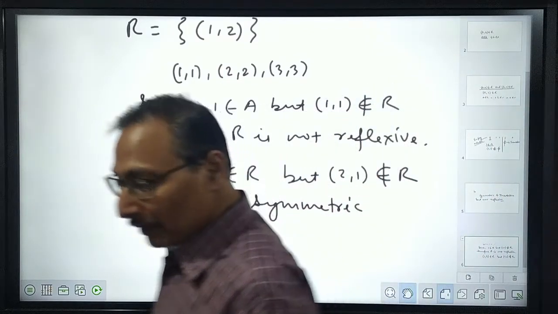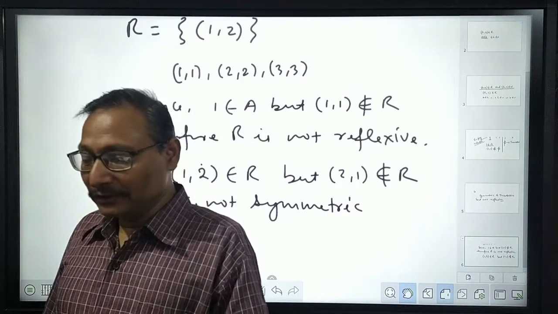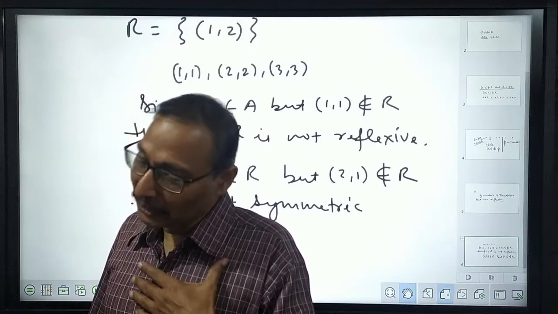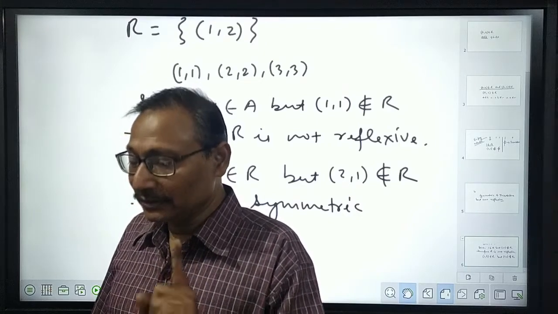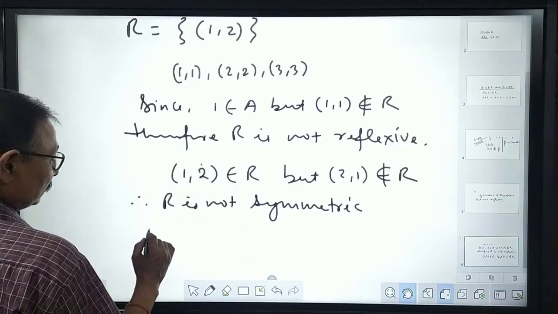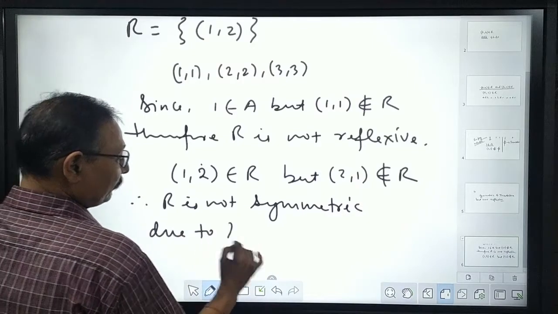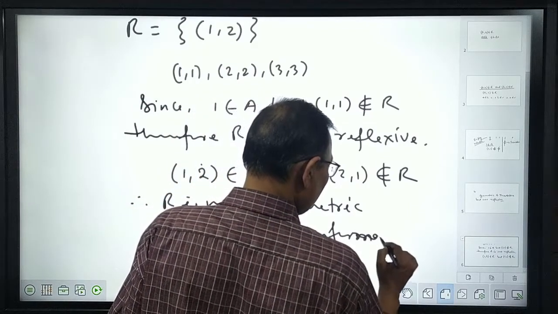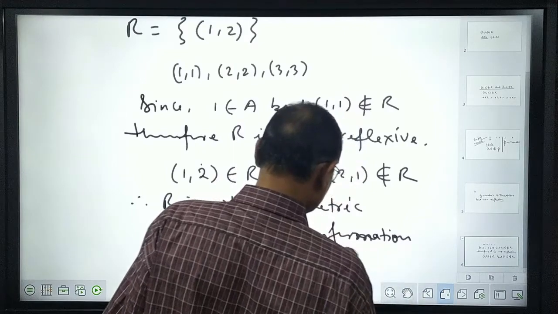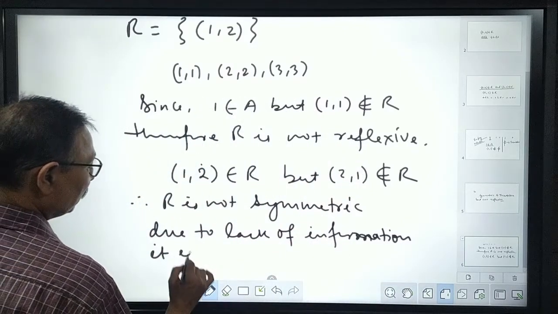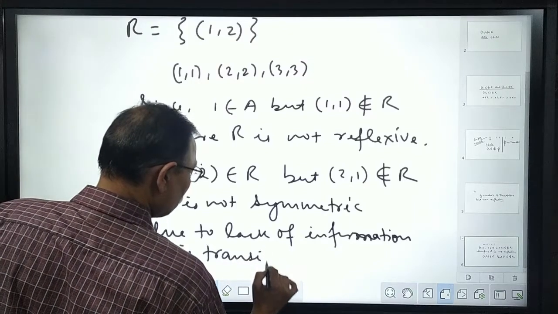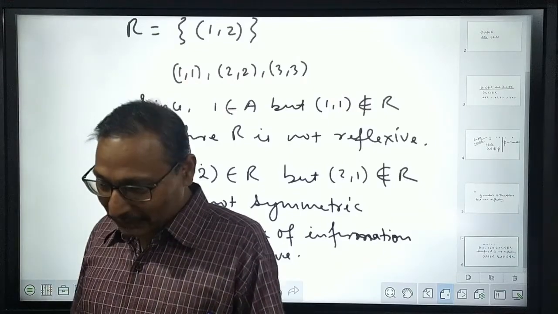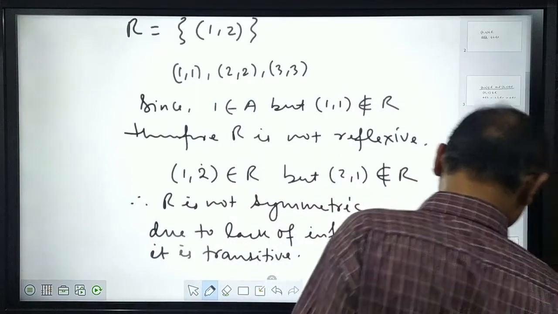So we will conclude that there is lack of information, and due to the lack of information, it is transitive.